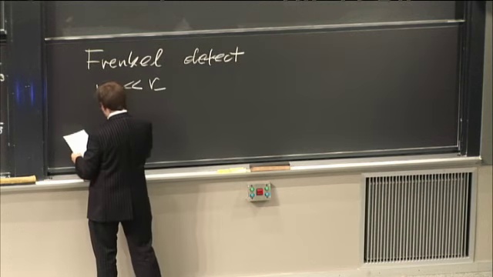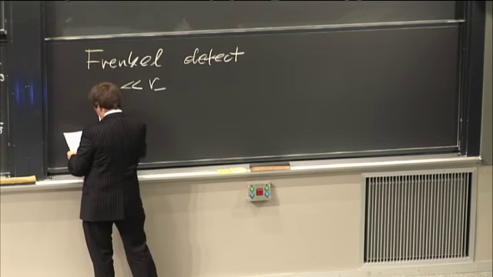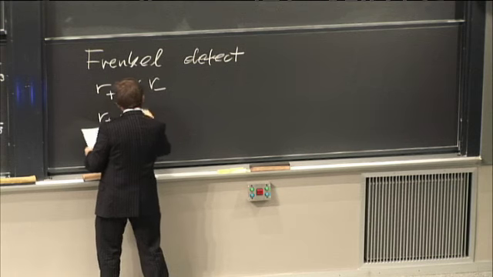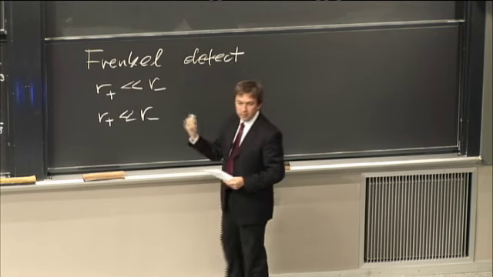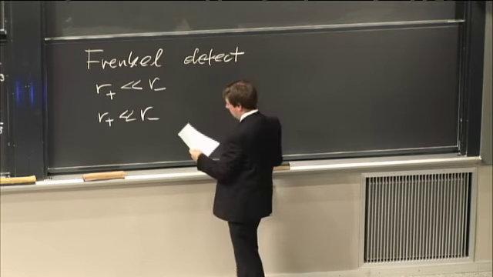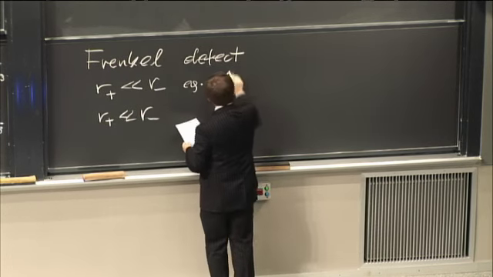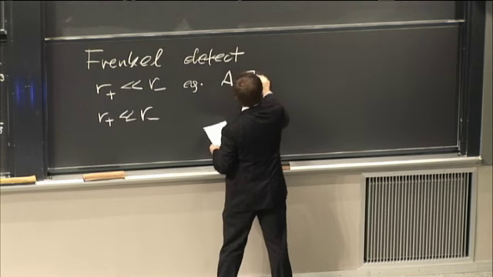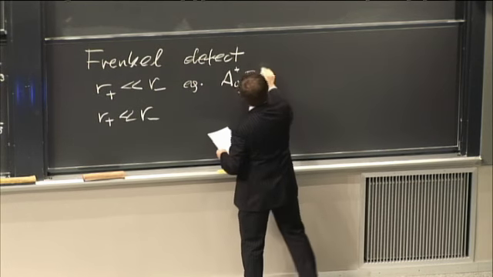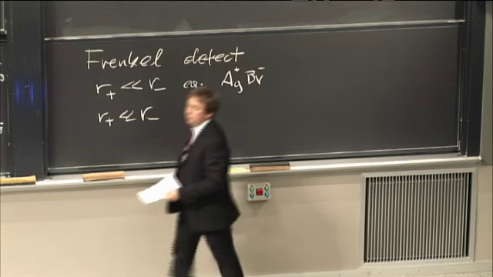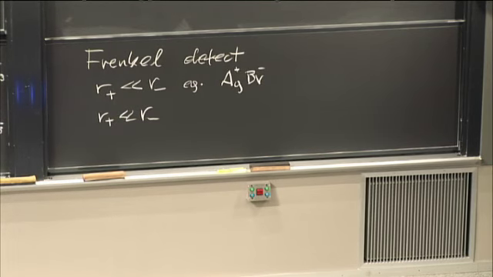Occasionally, or very rarely, but I suppose it's still possible, you would have to have a very big difference in radius between these two cases. An example of one of these situations is silver bromide, where the silver is positively charged and the bromide ion is negatively charged.